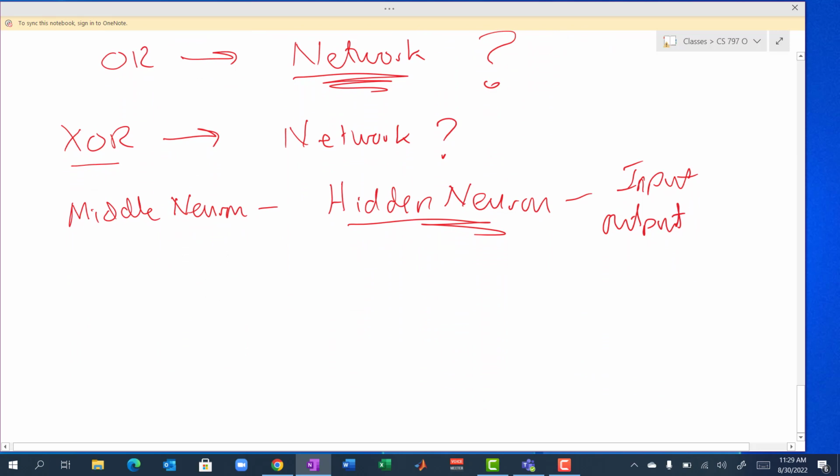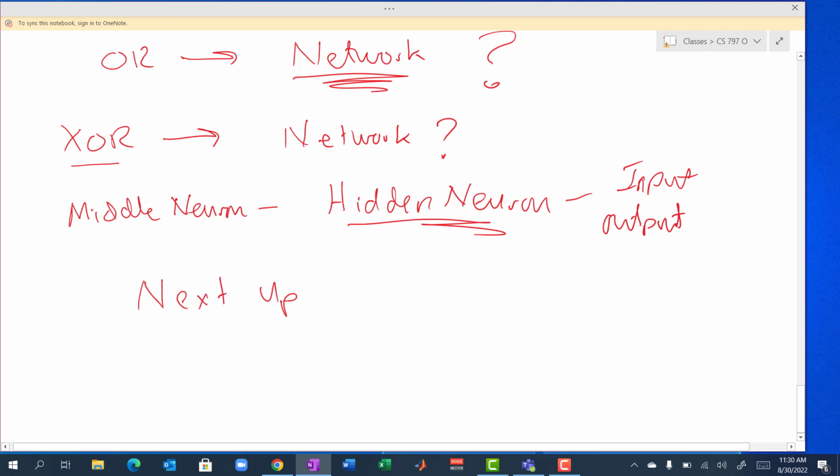All right, so that's some basic perceptrons. The OR gate was a simple input-output network, and the XOR required a hidden neuron, and sometimes those are called multilayer perceptrons, and the OR network was just a single layer perceptron. All right, we're going to stop this lecture here.